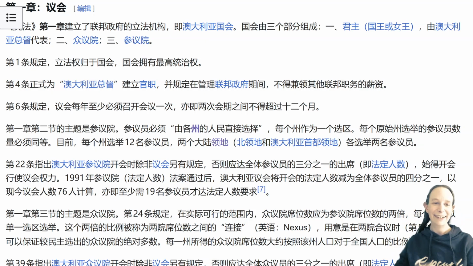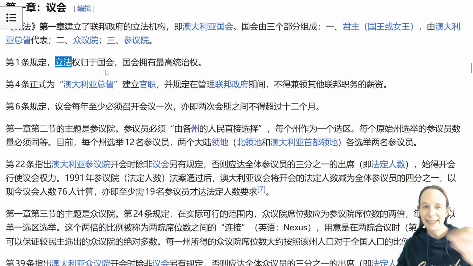第一条规定，立法全归于国会. Okay, so the right of enacting law is gifted to 国会, Parliament. 国会拥有最高统治权.